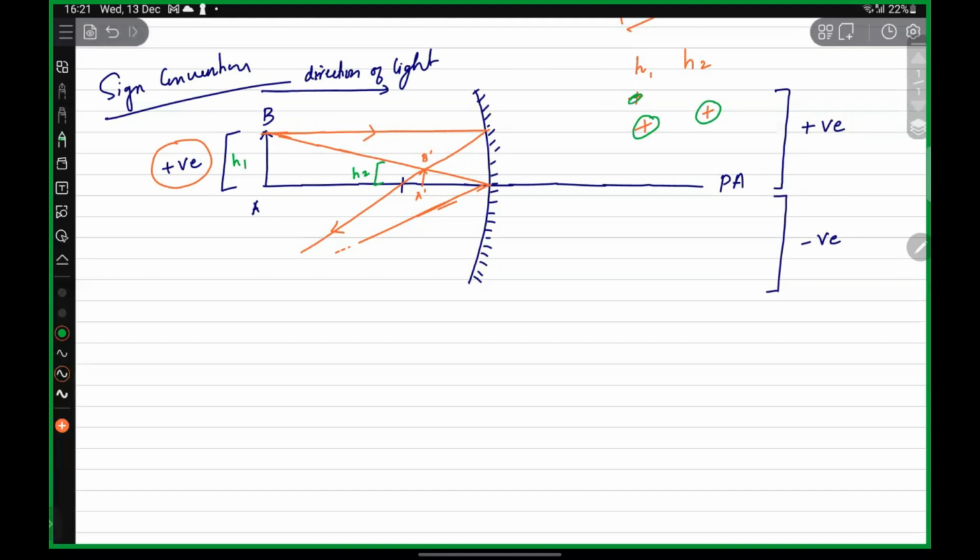So any height above the principal axis is considered to be positive. Am I clear with the explanation? Why is the image positive here? Amazing. So if there are any heights below the principal axis, we consider them to be negative.